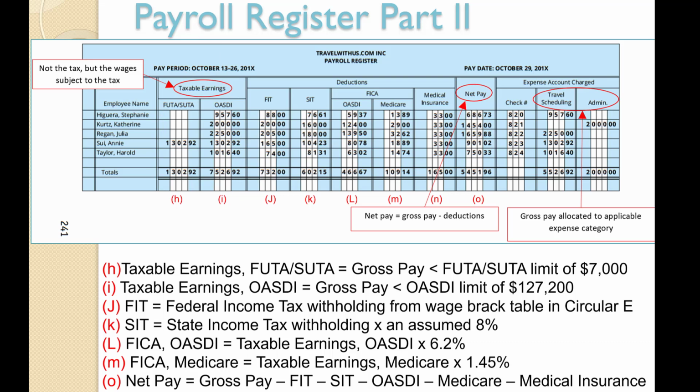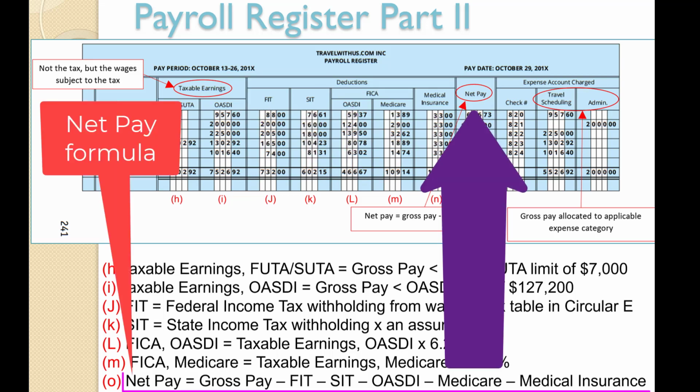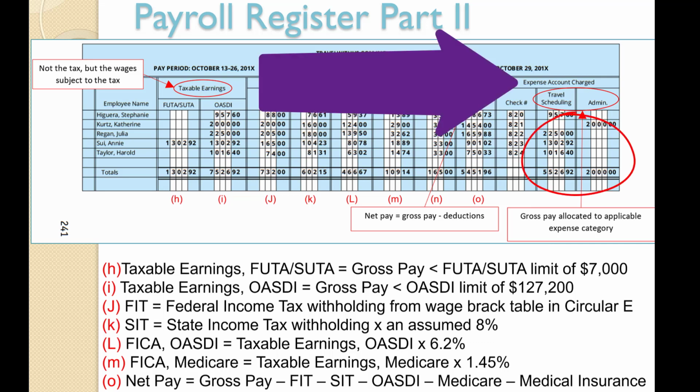Next, we have a list of 5 deductions: FIT, SIT, OSTI, Medicare, and then medical insurance. Then we have net pay. Net pay, of course, is the gross pay from the previous page minus the 5 deductions. Then we have the check number, and then we have something relatively new called expense account charged.